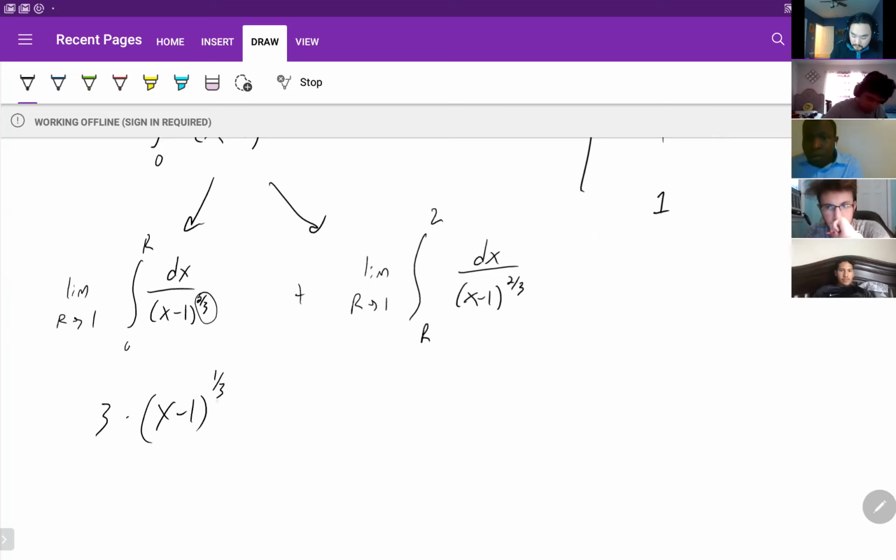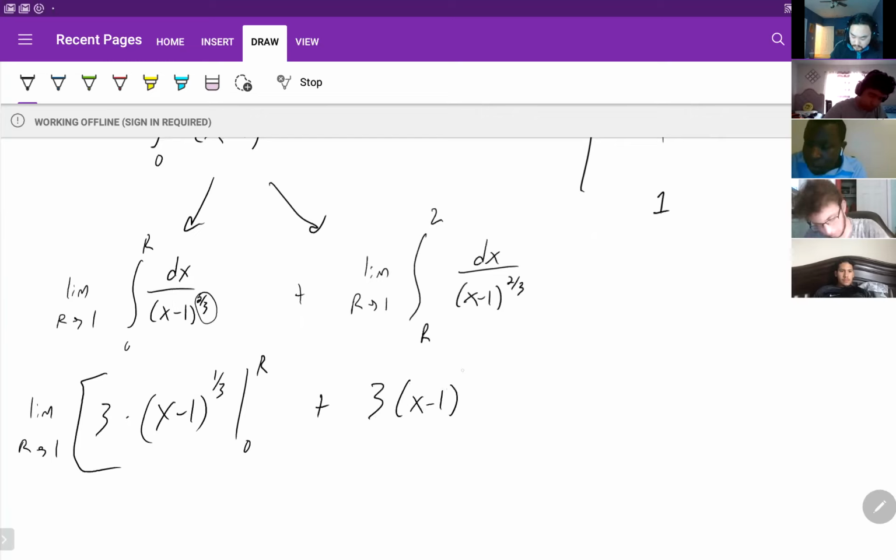Okay, I'm good. I'm going from 0 to r, and the limit applies to the whole thing. Plus you get the same thing, 3 times (x minus 1) to the 1/3, for the piece that goes from r to 2.